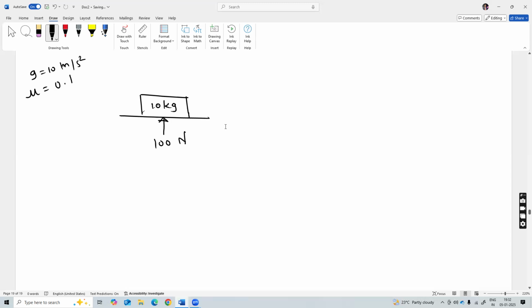Coefficient of friction, let's say it is 0.1. So we know that frictional force, let's say we have applied a force of 10 Newton on this body in the right direction. Or let's say the coefficient of friction is 0.2.